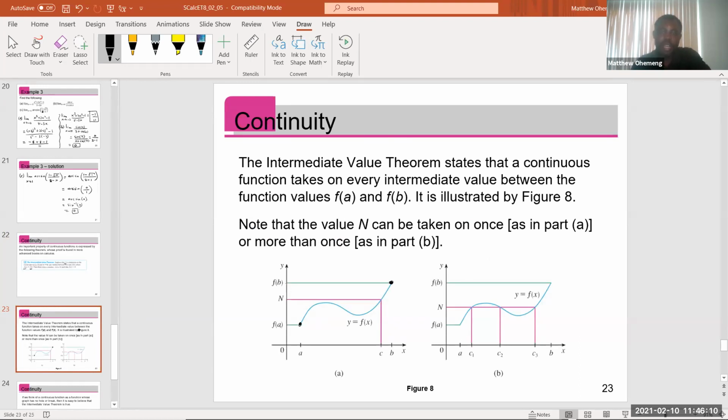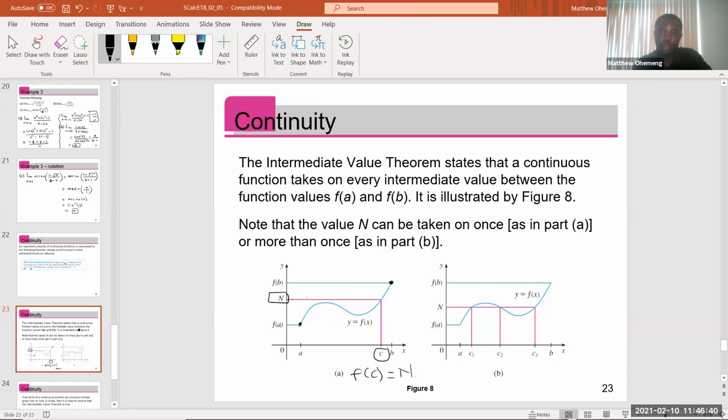Let's pick a point n in between f of b and f of a. As you can see, there has to be at least one c in between a and b such that f of c is equal to n. You can clearly see this is the case. If we track n to the curve, you see that this is the point c, which will give us n.